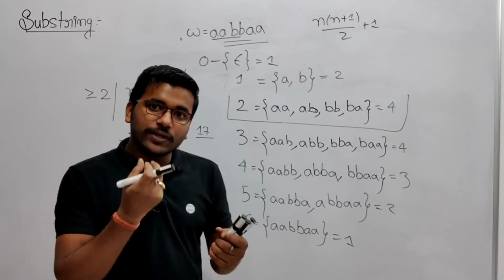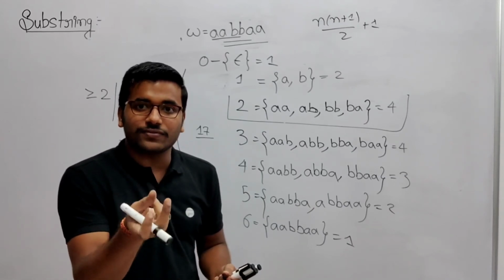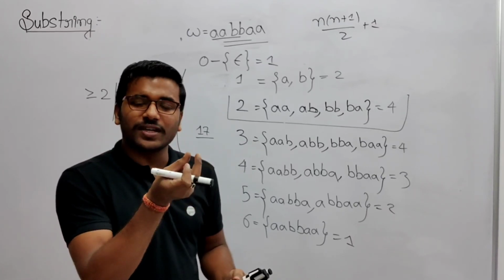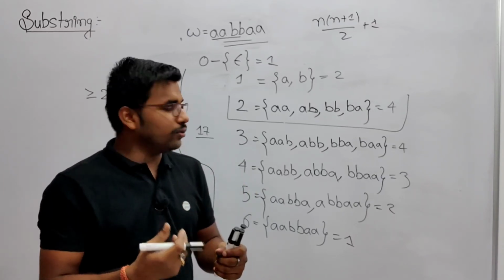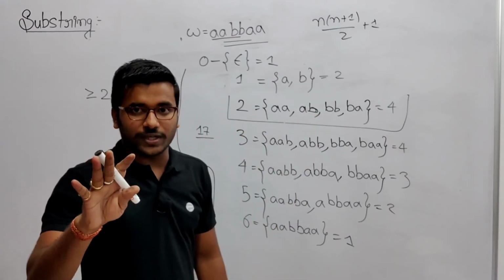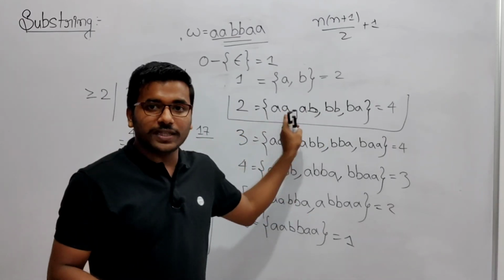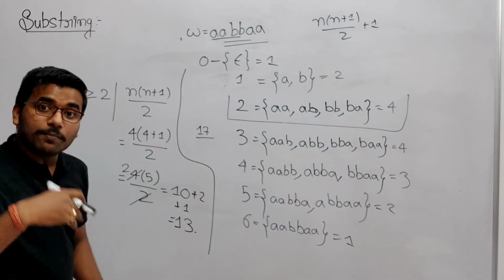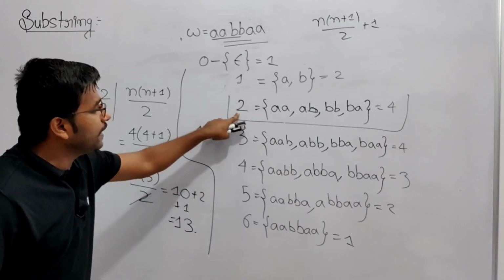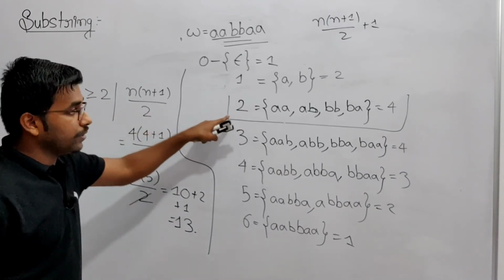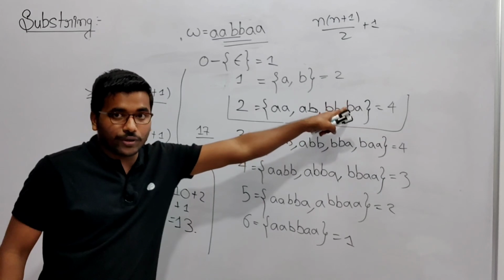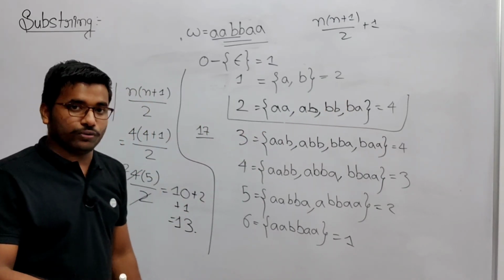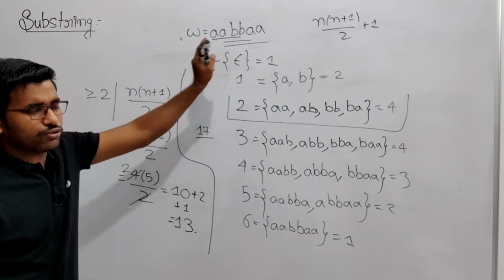After that, you assume that substring as one symbol and count how many there are. Here you have 4 symbols, so you apply the formula, and it gives the number of substrings whose length is greater than or equal to 2. After doing that, you should not include the 4, because the formula gives only length 2 or more. Now add these two.